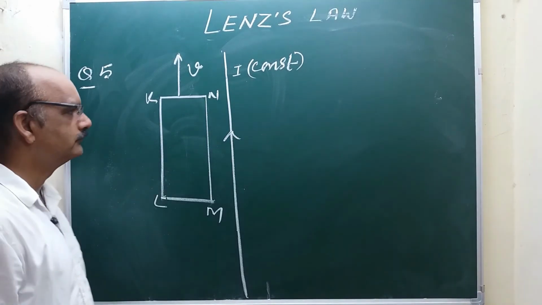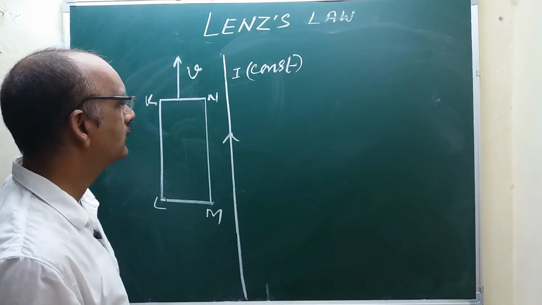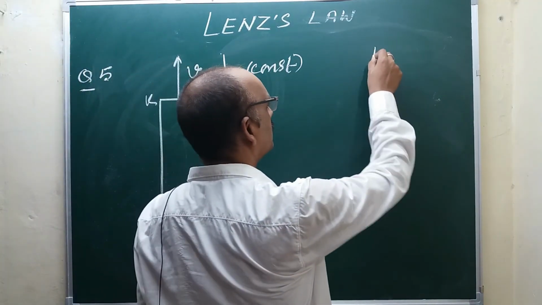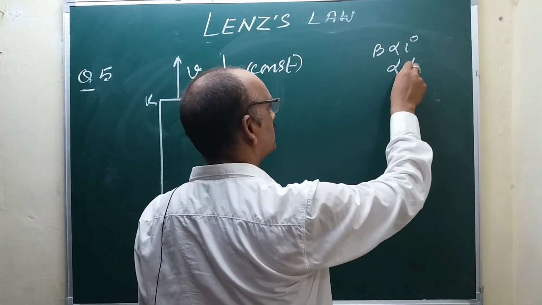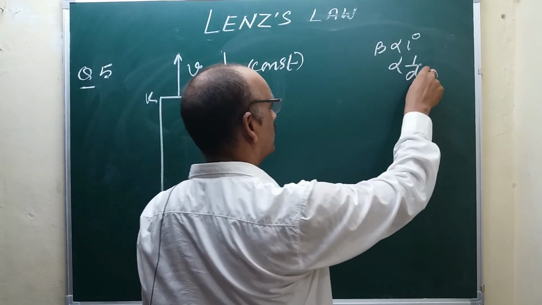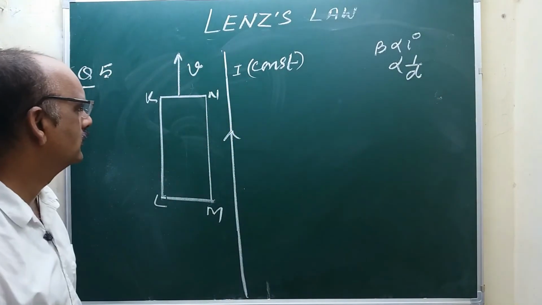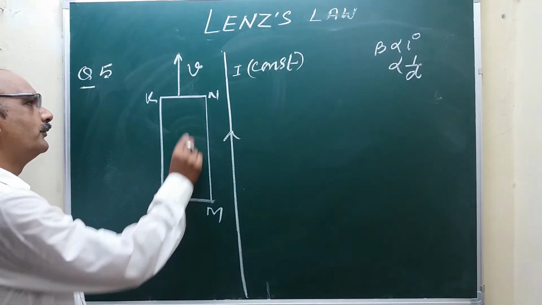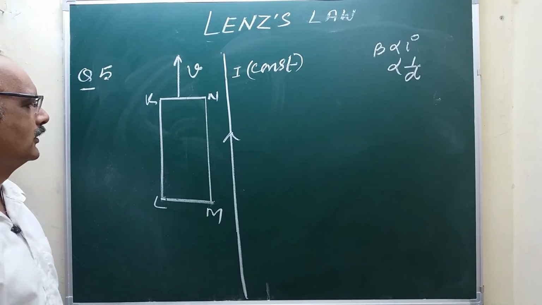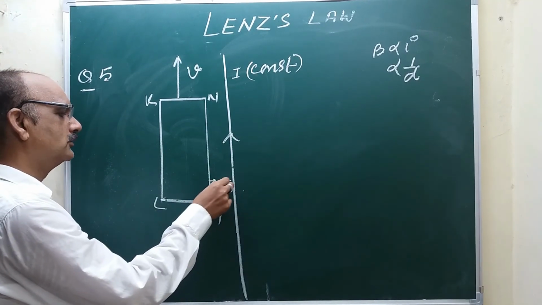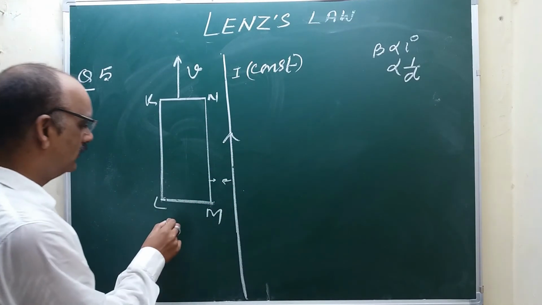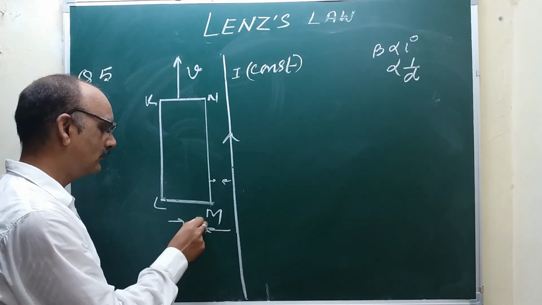Now, we know that B is directly proportional to I and inversely proportional to the distance D. When this loop is moving upward parallel to this conductor, there is no change in this distance.